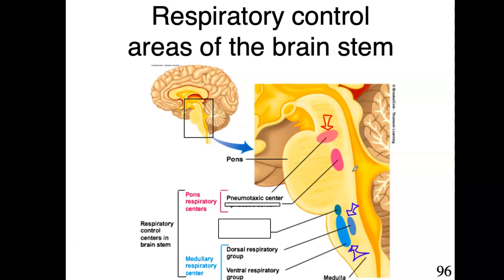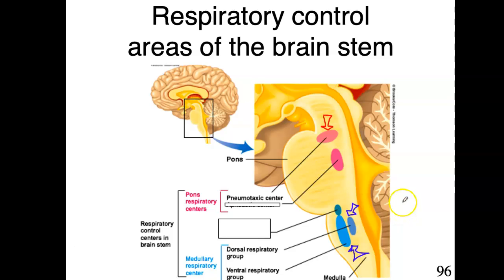So we're going to talk in this last section about the respiratory control areas of the brainstem, and you might remember this from anatomy. If we look at this region of the brainstem, that's where the control is going to be for the rhythmicity of your breathing, so that you're not thinking about it all the time. It's going to happen by the firing of the neurons from this region.